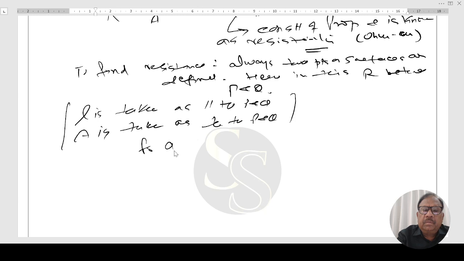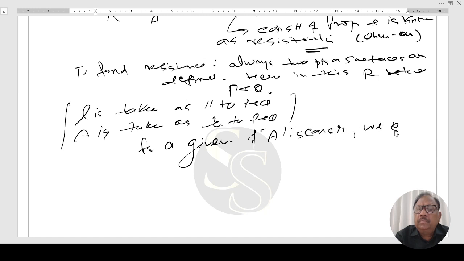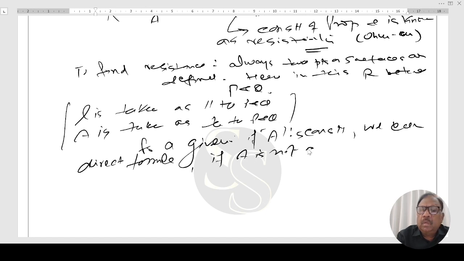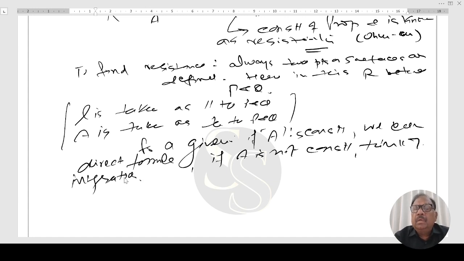For a given wire, if A is constant, we can use the direct formula. If A is not constant, think of integration, right?